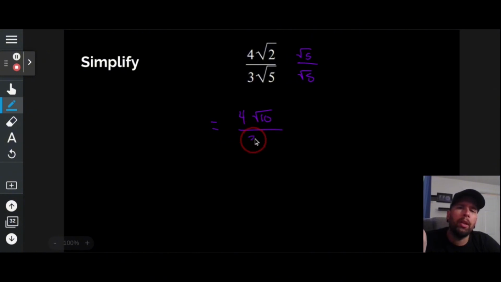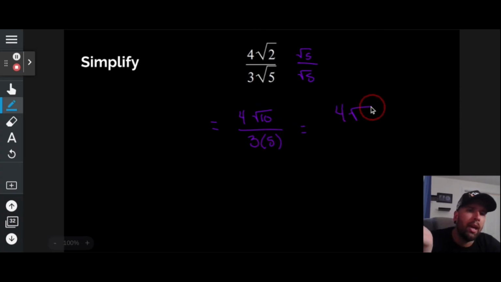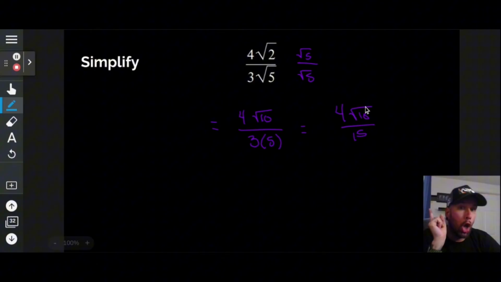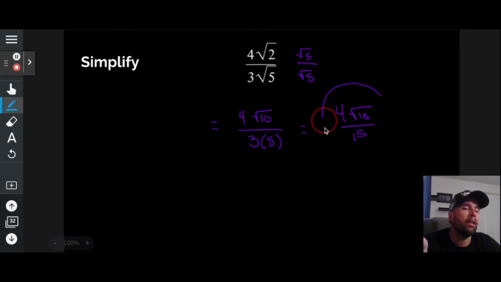And on the bottom, we get 3 times root 5 squared, which is 5. Cleaning that up gets us 4 root 10 over 15. Now, before you get all excited and think, oh, 2 over 3. No. Stop it. No. This is inside of a square root, and that is not. So you can't simplify them. 4 over 15, you can't do a thing with. This is my answer, I'm done.